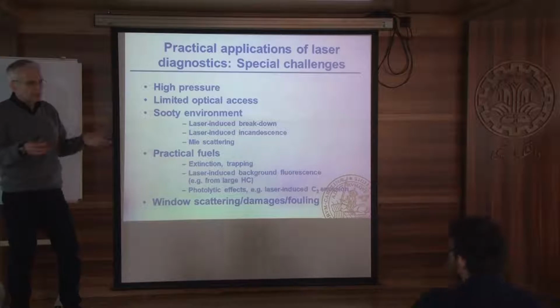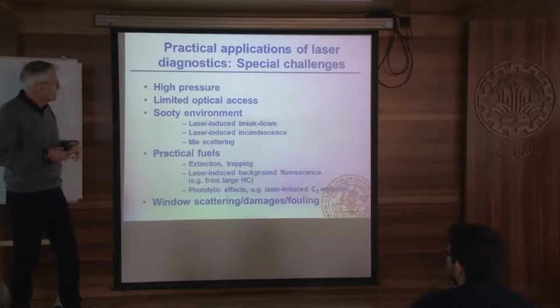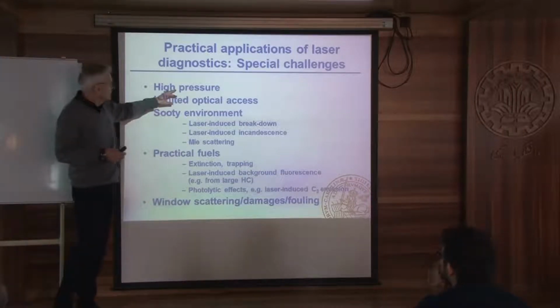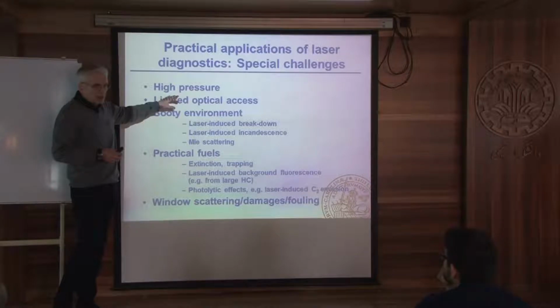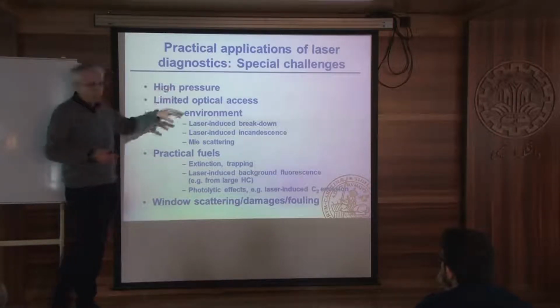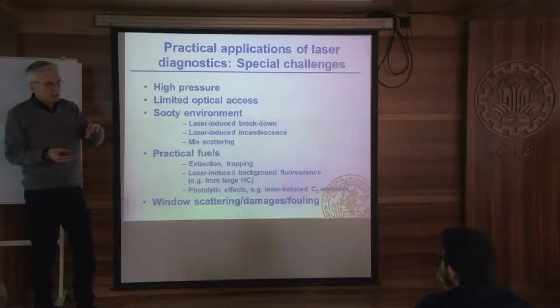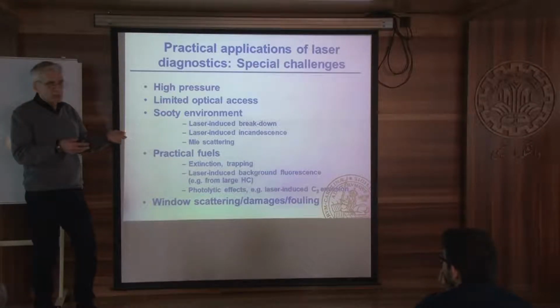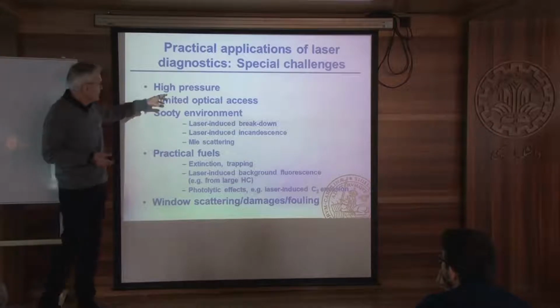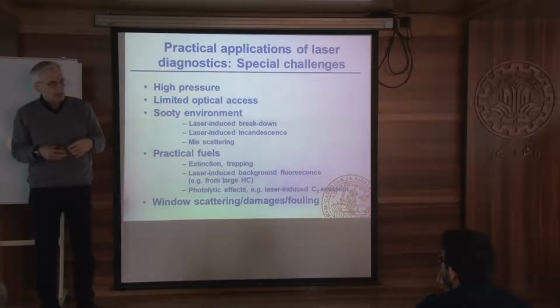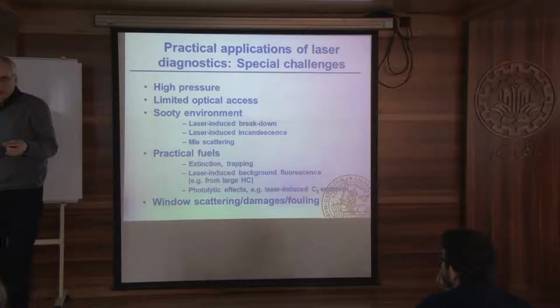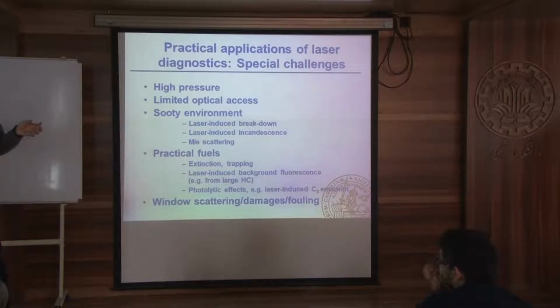We get an image, and that could tell us something. But really, in order to understand what is going on, more work has to be done at high pressure under laminar conditions. And that's why we have set up a high-pressure laminar flame, on one hand to study high-pressure combustion, but maybe more importantly to try to understand how a spectrum would look if you go up to 20-30 bar.